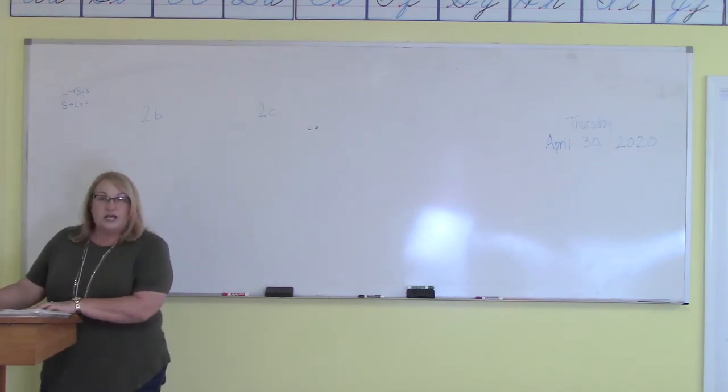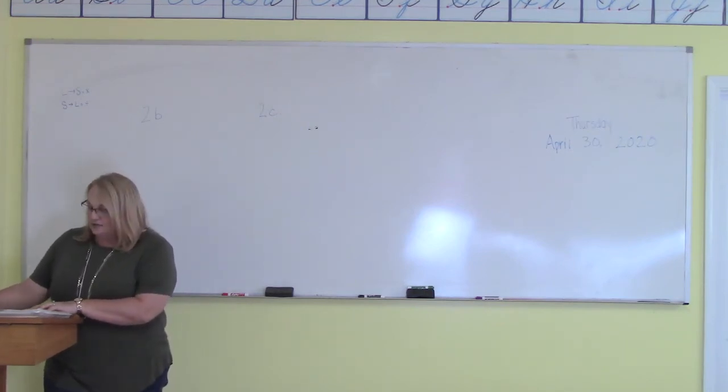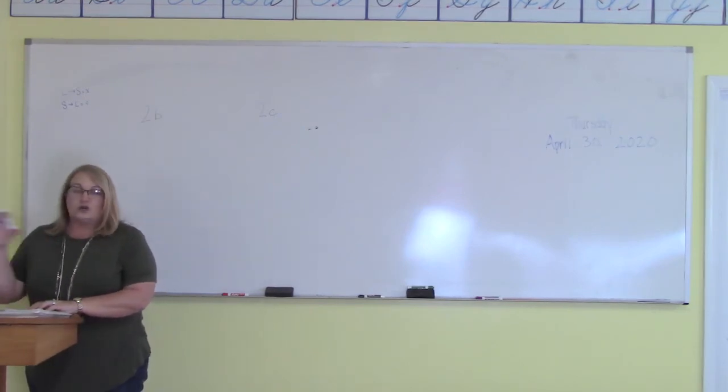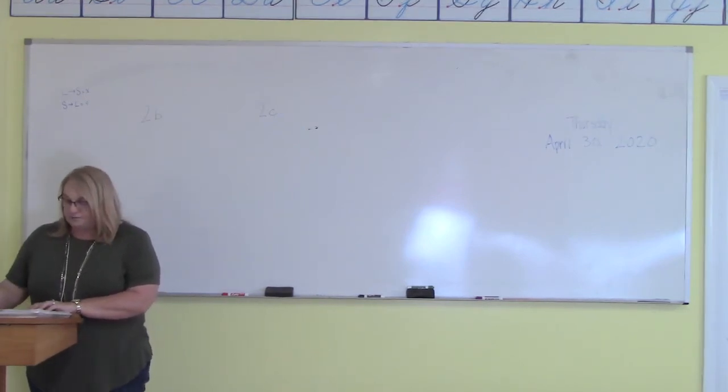It has 4 sides, so that means that it's a quadrilateral. The parallelogram, because the parallel lines are on the opposite side of the shape. It's a rhombus. It has 4 equal sides. It's a rectangle and a square.